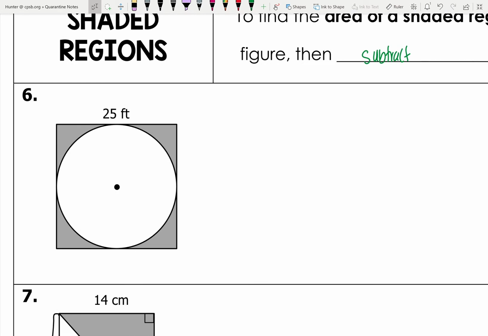So, if we look at what we have here, I have this square, it looks like, and then I have this circle that was just cut out of the middle of the square. Okay? And the only thing I'm given is that this side is 25 feet. But since it's a square, I know that every other side is 25 feet as well. Okay.